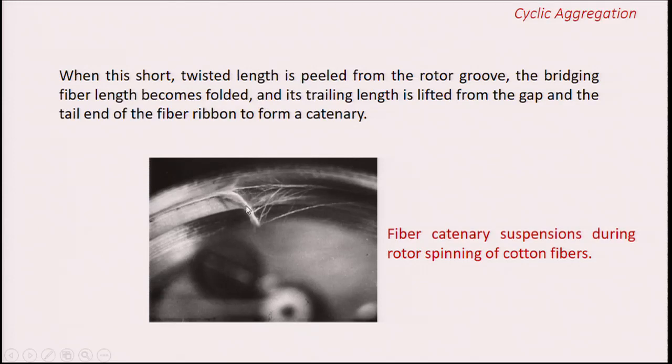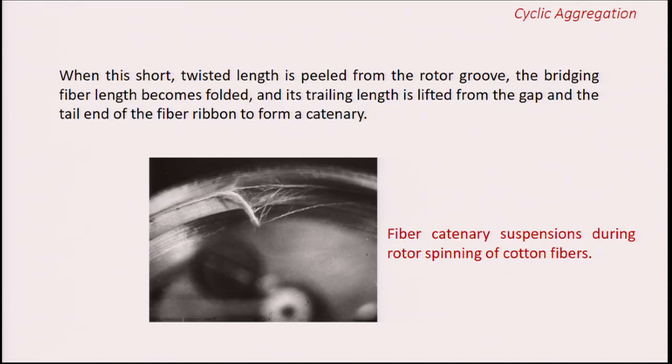That is why the torque given should be high in some cases, so that the wrappers are avoided a little bit. Okay. So, you can see the fibers being picked up from the back of the ring also. These are called fiber catenaries, and if these fiber catenary fibers have to be accommodated in the yarn structure, they will be forming the wrappers, right. So, the wrapper fibers are going to be formed.